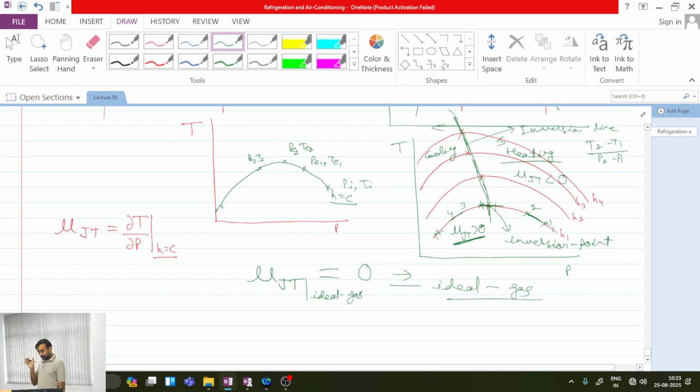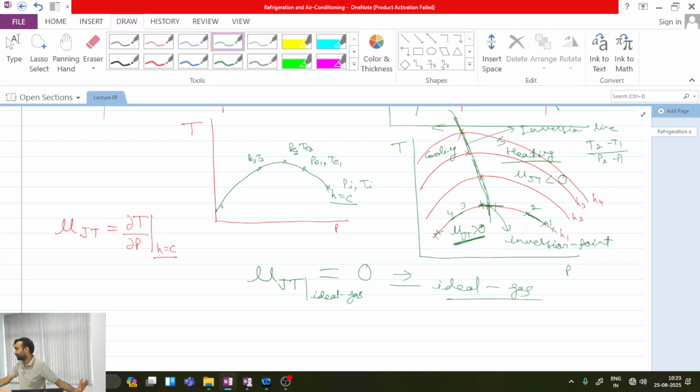This is also one of the reasons that when we operate with very large pressure ratios in refrigeration cycles, we don't operate in a single stage cycle, we operate in multi-stage cycles. What the limitations of single stage cycles are and how we overcome them by using multi-stage cycles, I will describe in the subsequent lectures.